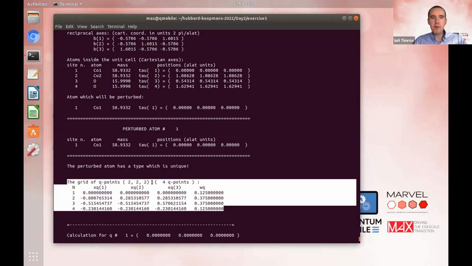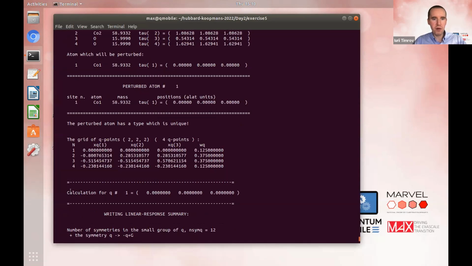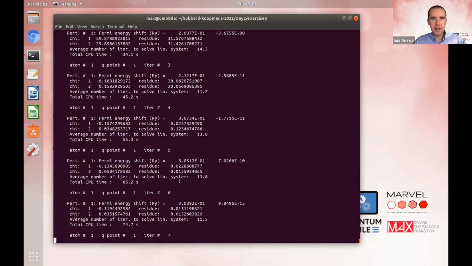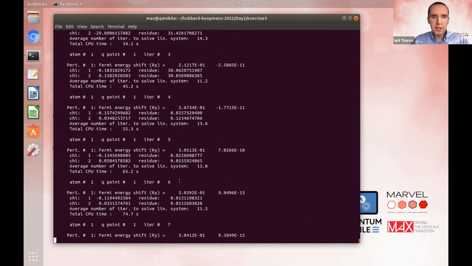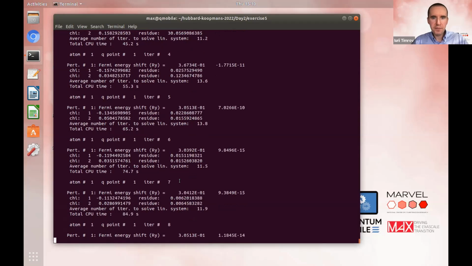Now the code will perform the calculation for each Q-point sequentially, one by one. We need to do 4 of them. Now we're running the first one, which is actually gamma in this case. You see the code performs iterative steps. After this Q-point is finished, it will do the second, then the third, and the fourth, and then does some post-processing and outputs the final value of the U parameter.